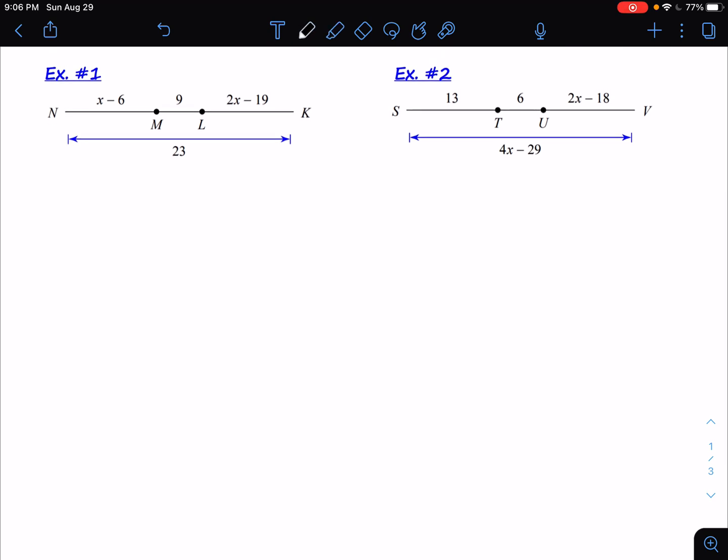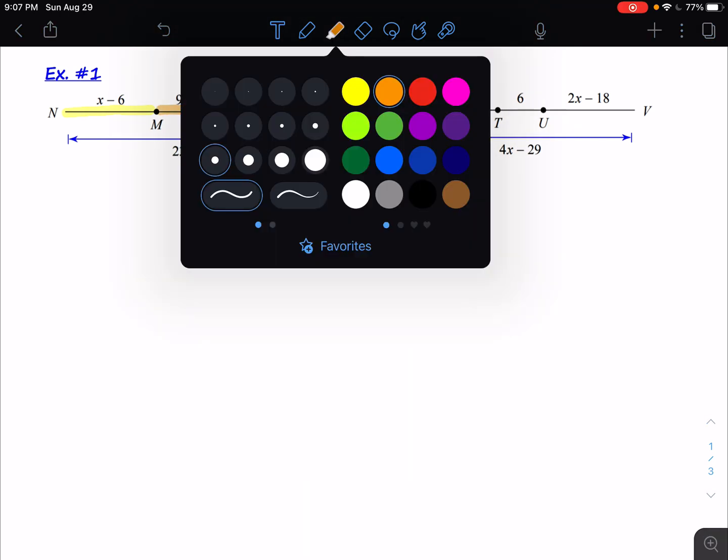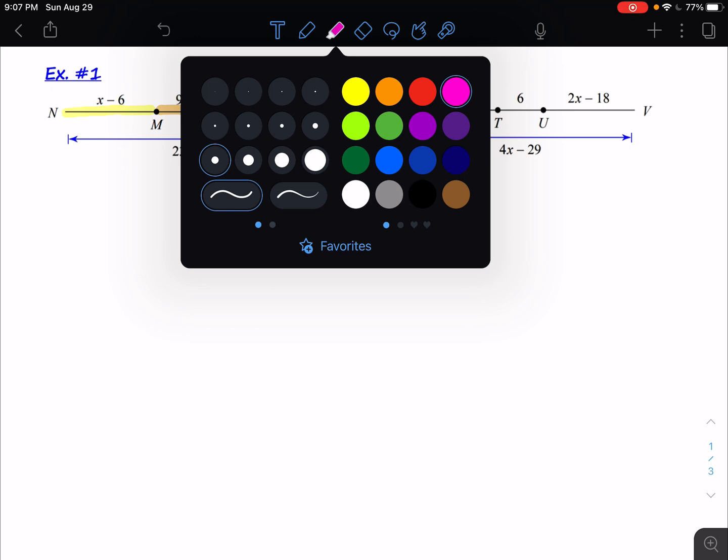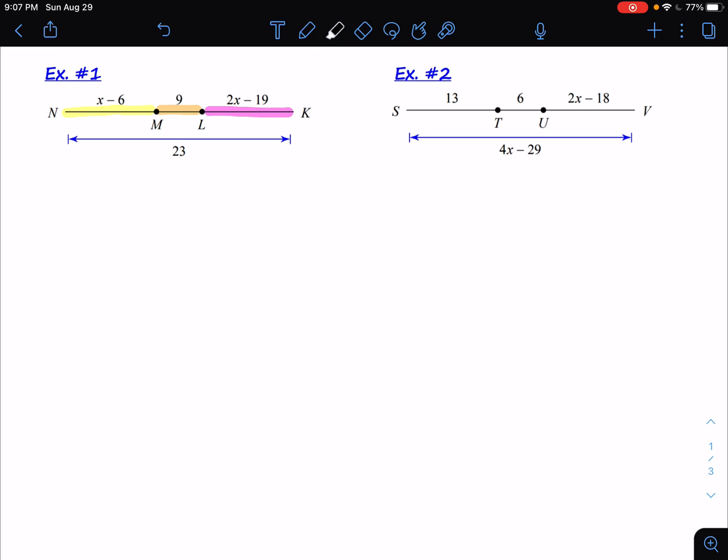So the first thing that we need to do here is solve for x. I know that there are 3 segments here in total. So if I add NM plus ML plus 2x minus 19, which is LK, I should get my total amount of 23. So here we go. I'm going to go ahead and add them together.